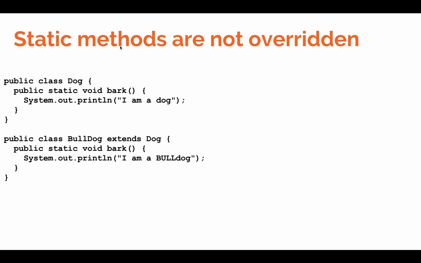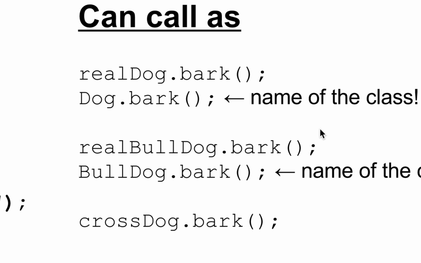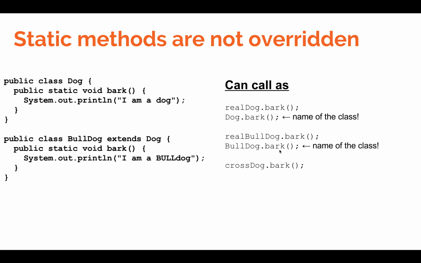That's it. Okay, so let's say you have 5 of these: real dog.bark, dog.bark. Notice how static methods can be called with the class's name. Then real bulldog.bark, bulldog.bark, cross dog.bark. What's it going to print? First one, what is the static type? Real dog. Remember what the static type is of real dog? Dog.